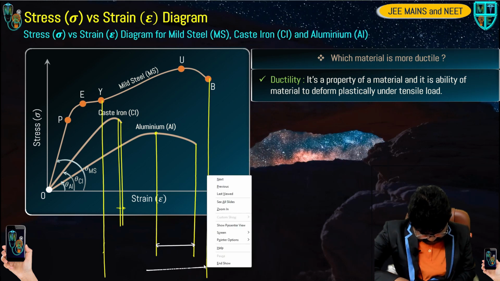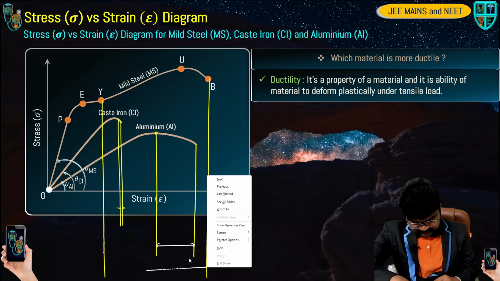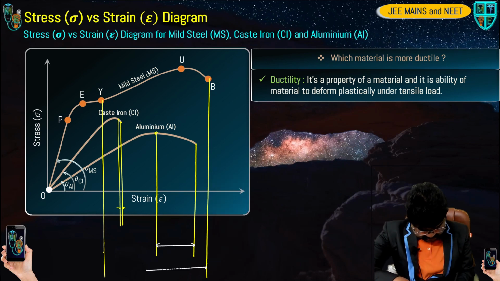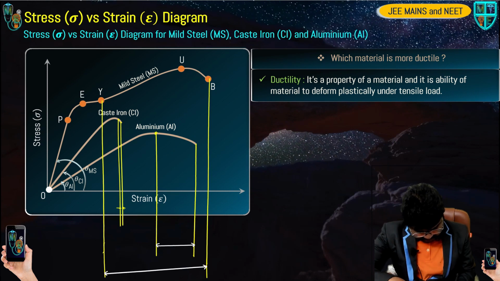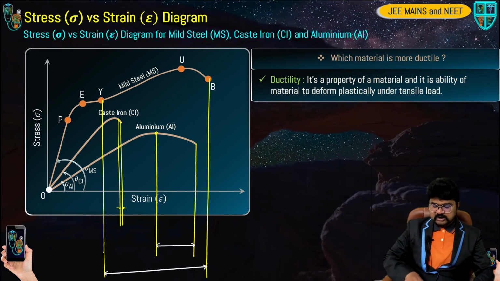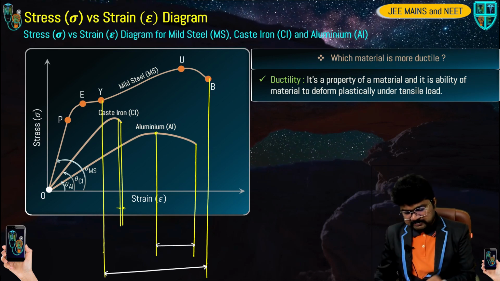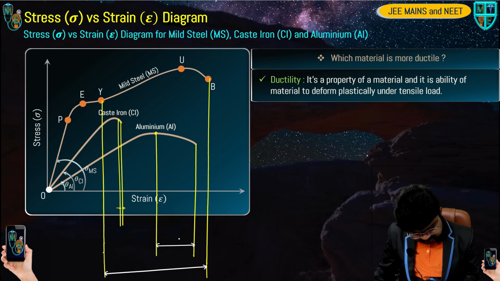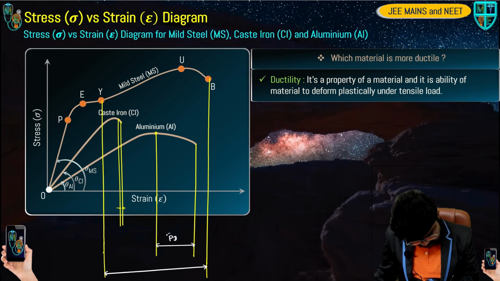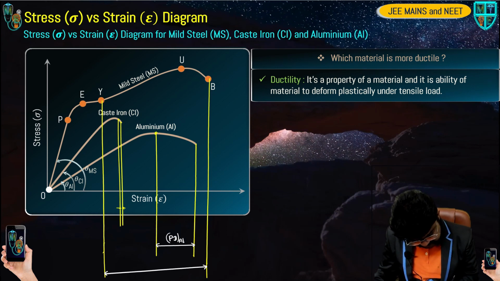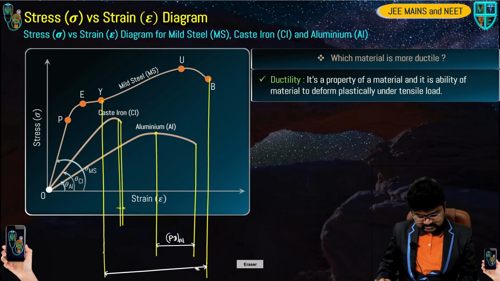This is the plastic deformation of mild steel. The plastic deformation of cast iron is almost negligible. The plastic deformation of aluminum is considerable.